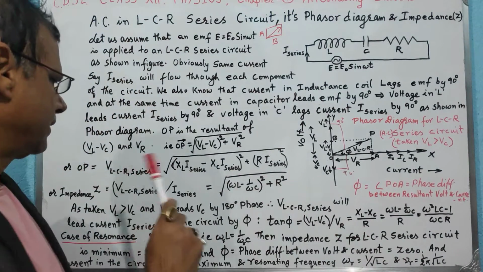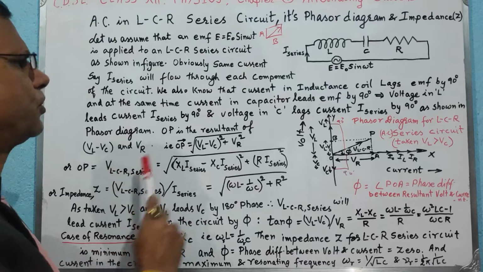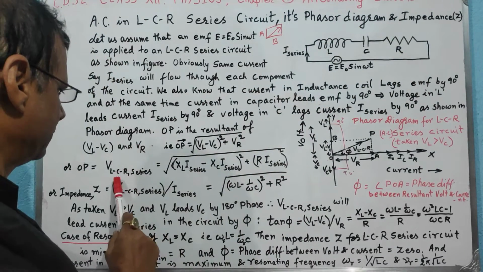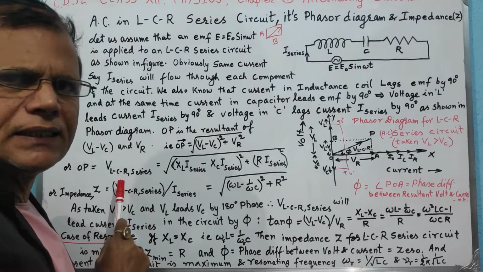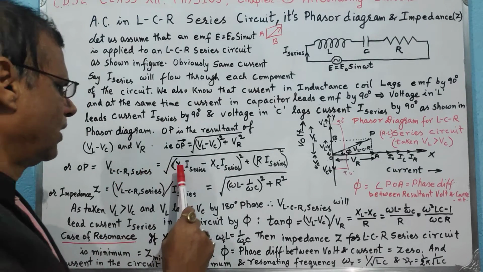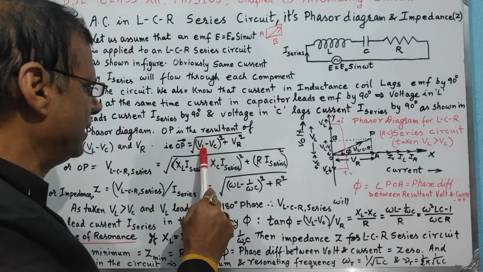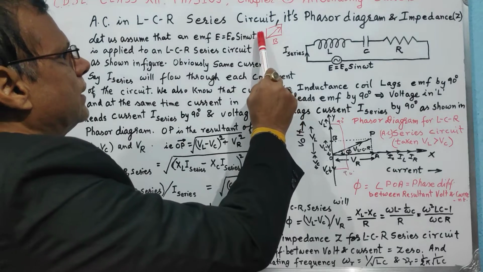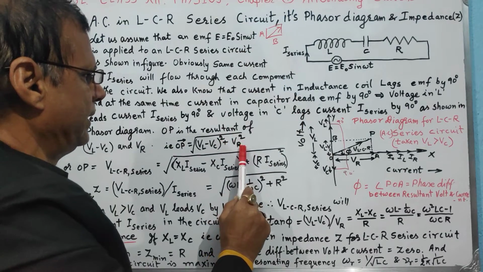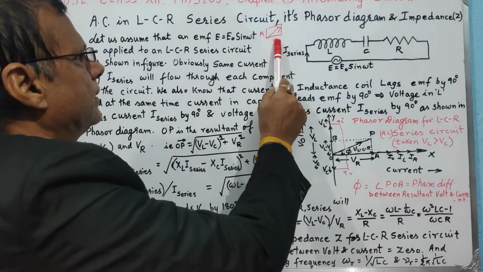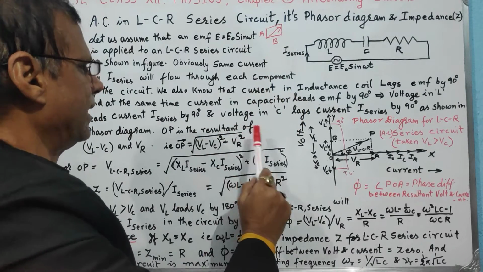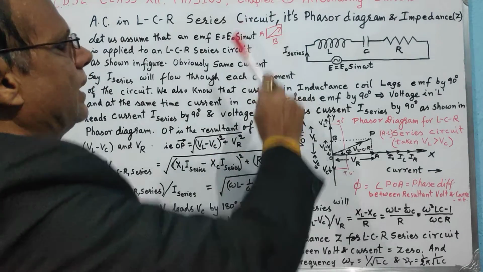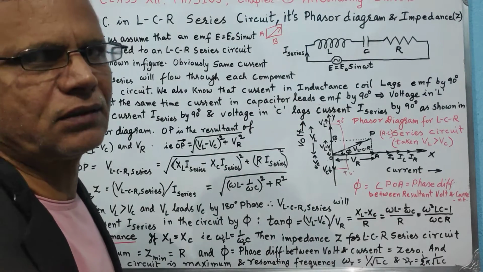So we can write the net potential drop across the LCR circuit, say VLCR series, as the square root of (VL minus Vc) whole squared plus VR whole squared. Because they are at 90 degrees, we can obtain this using the Pythagoras theorem.